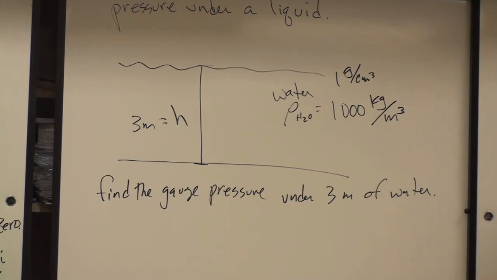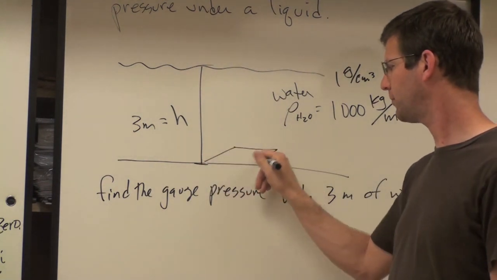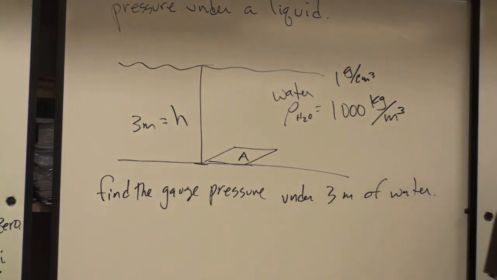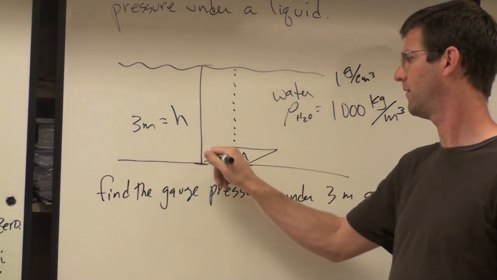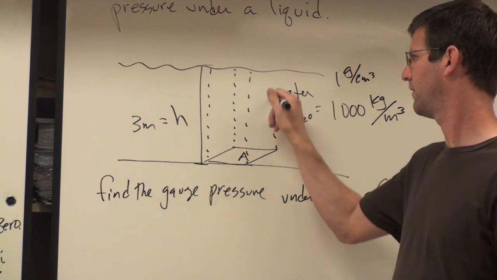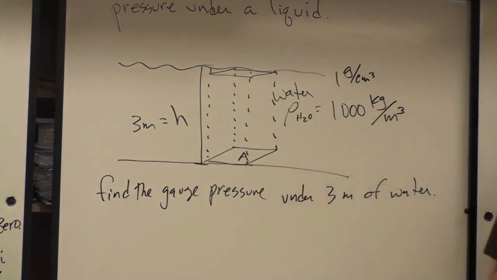How are we going to find the pressure? When we look at the bottom of the pool, we want to know how much force is going down on that amount of water. In other words, how much does all that water weigh?